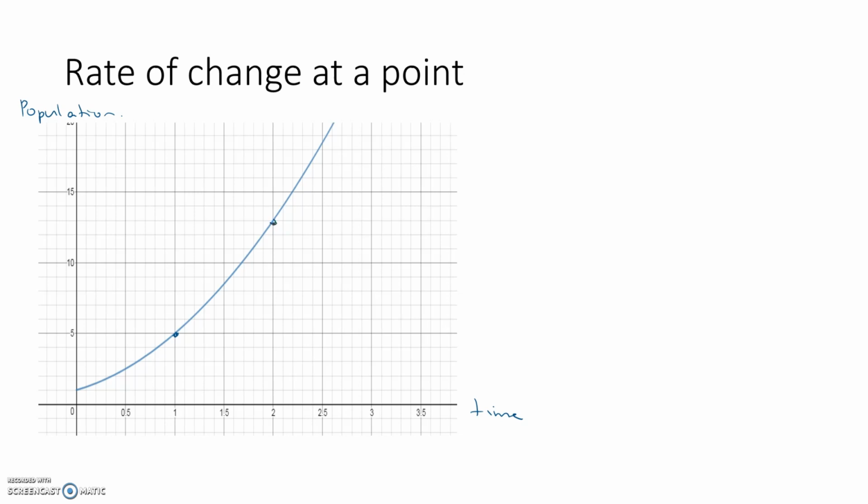And if we drew a line like that, then we could use the rise over the run normal thing to find the rate of change. But if we wanted to find the rate of population at 2 years, right at 2 years, for example, then we'd need to find the instantaneous rate of change.